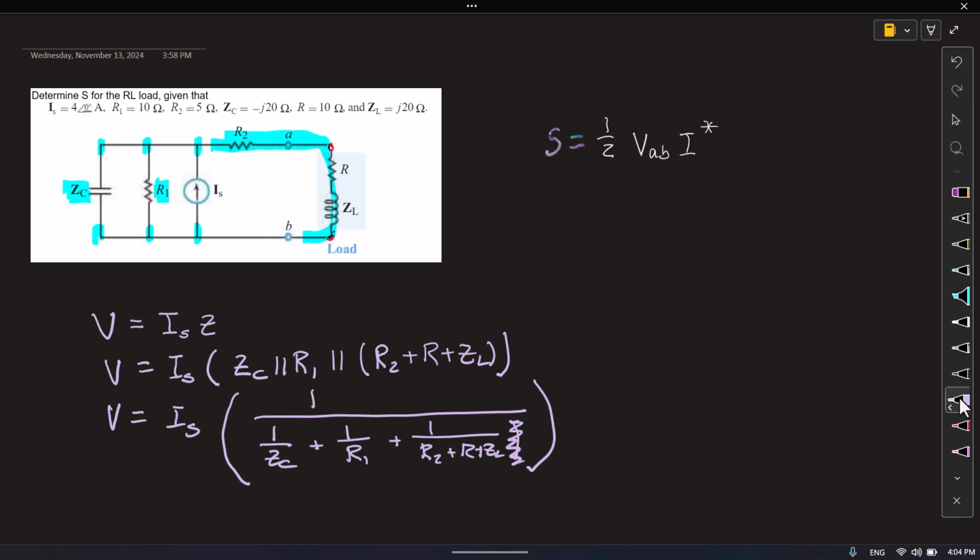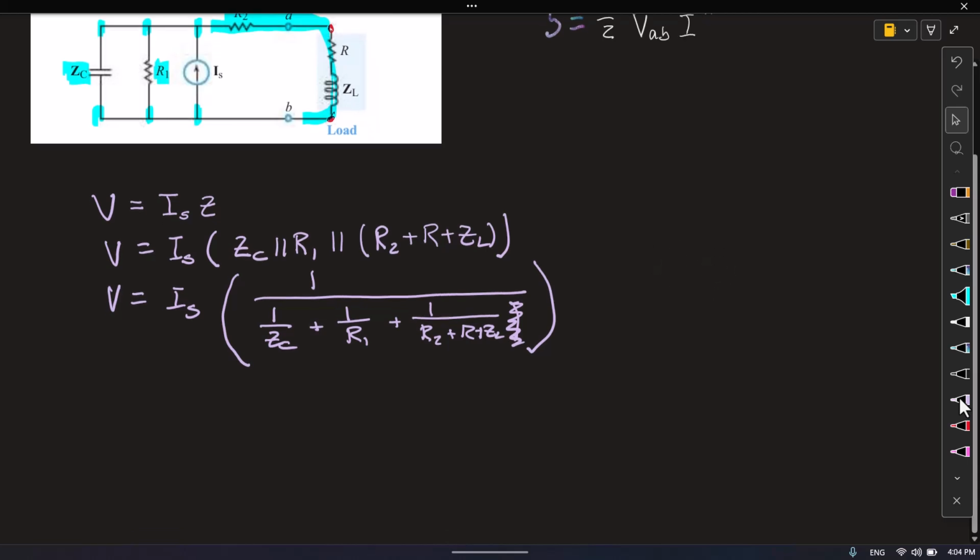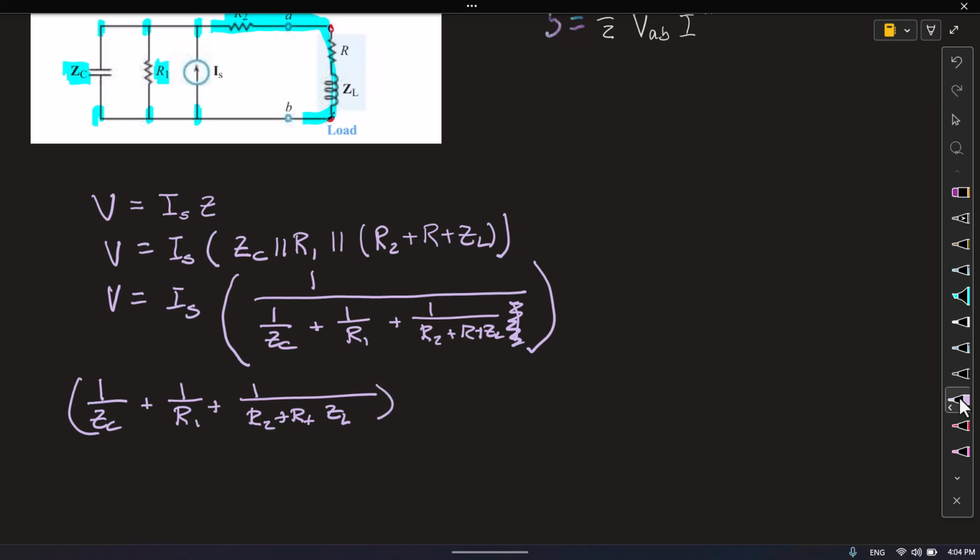Okay, so then I can multiply both sides by this denominator, and I get 1 over ZC plus 1 over R1 plus 1 over R2 plus R plus ZL times V equals IS.